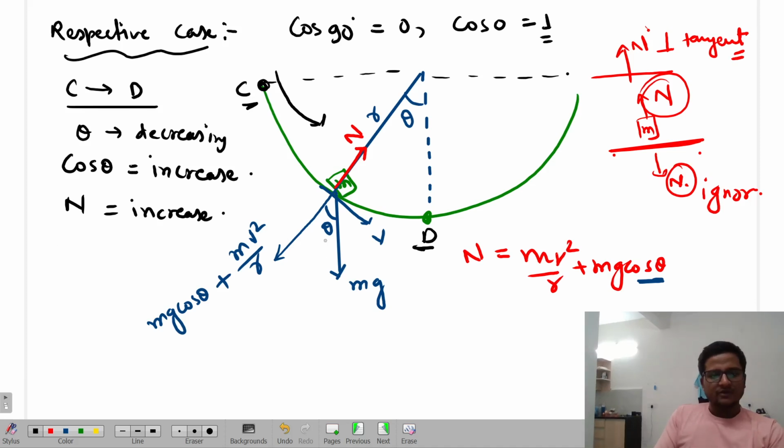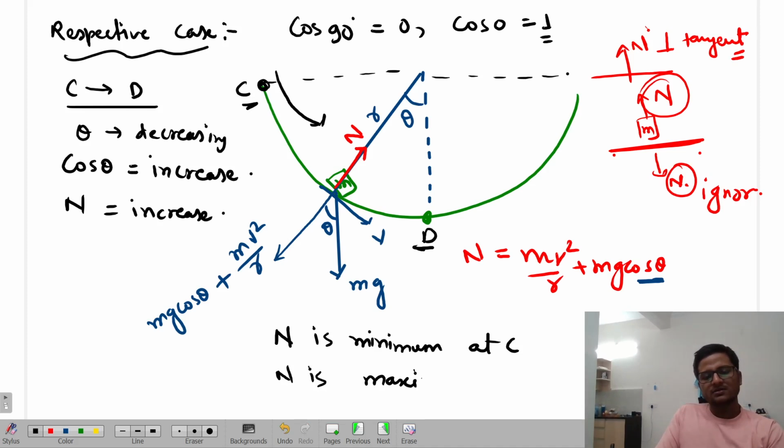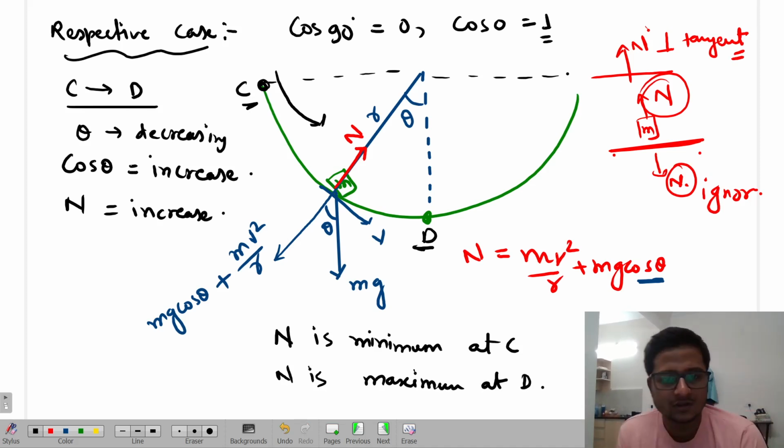So can we say for the respective case normal is minimum at C while maximum at D? Are you able to get me or not? So when you move down, weight increases or decreases?